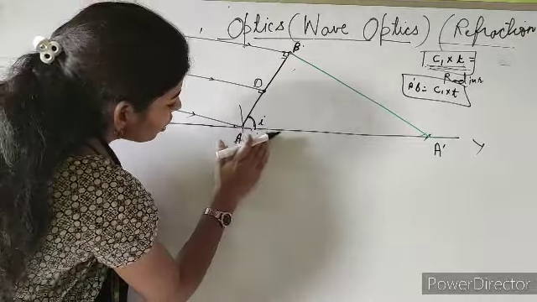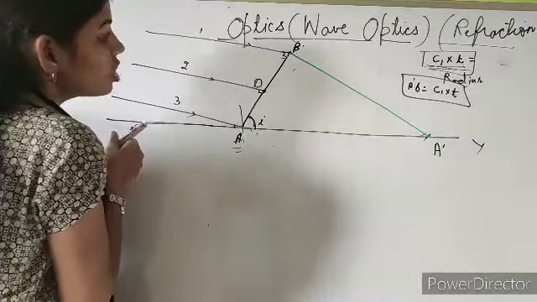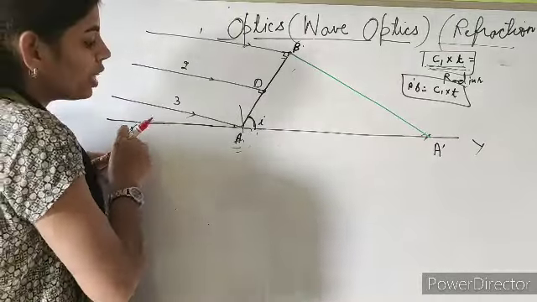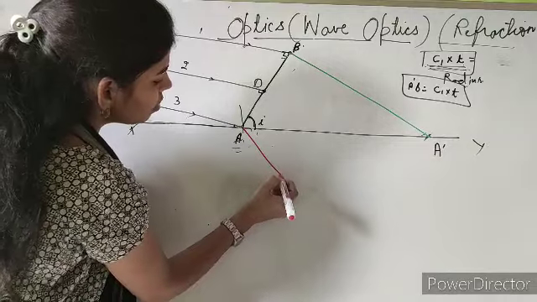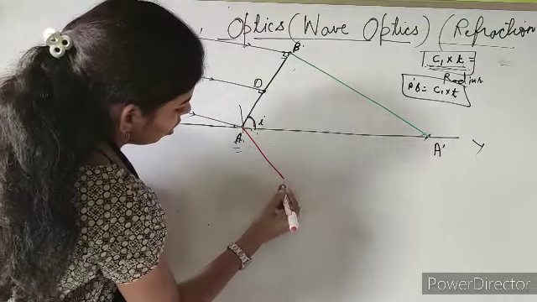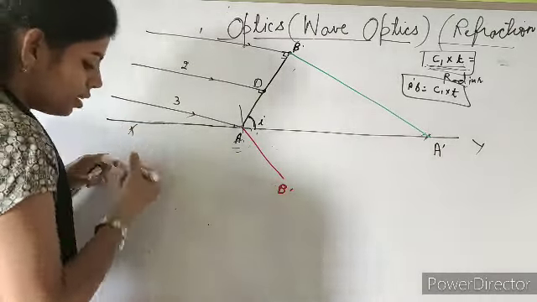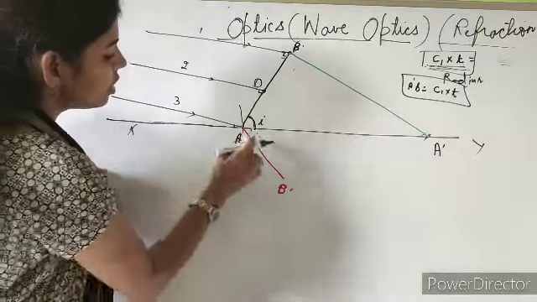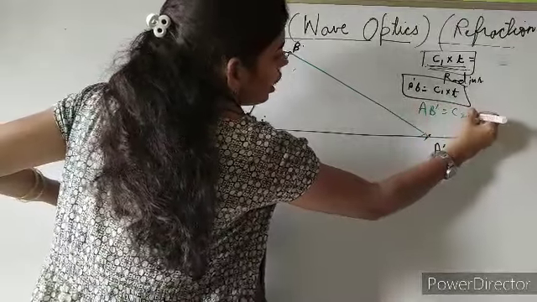You can see here this distance is less because the speed of light has changed, because this is a different medium. Mark this point as B dash. You can see here this distance AB dash is equal to c2 into t.